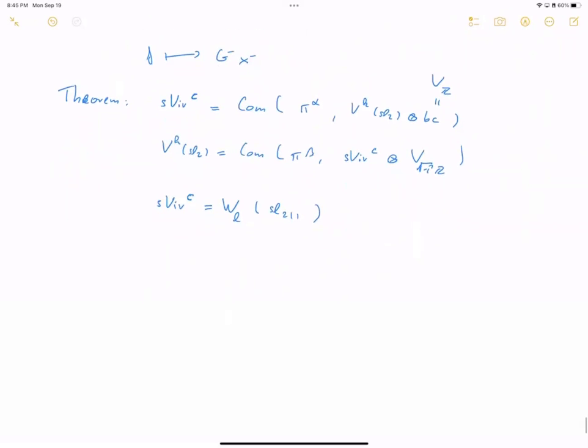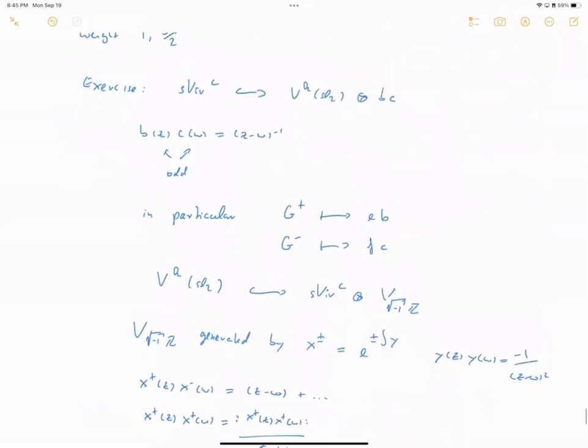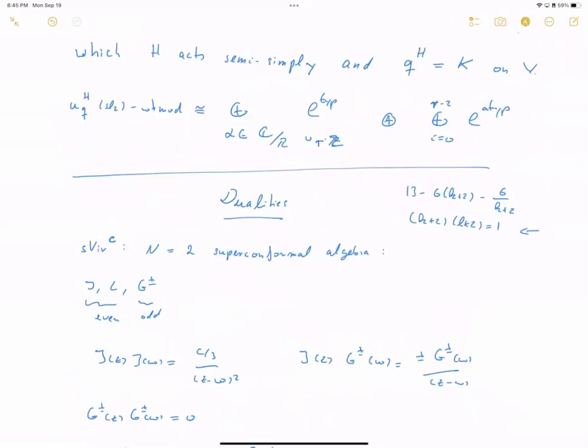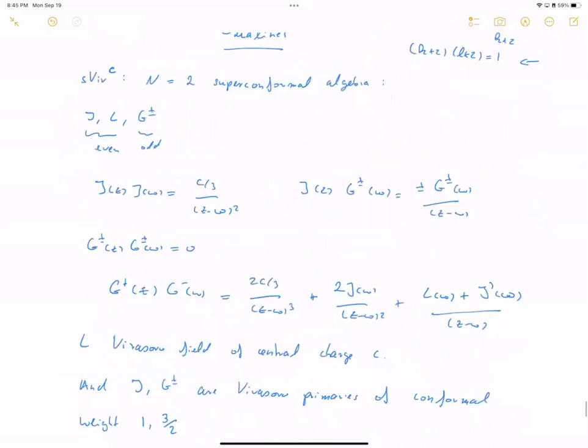And here, this level L is related to the level K of SL2 by the formula that K plus the dual Coxeter number of SL2 times L plus the dual Coxeter number of SL2/1 is equal to 1. And this formula is a natural analog of the relation that you have for Feigin-Frenkel duality, for example, for the self-duality of your Virasoro algebra.